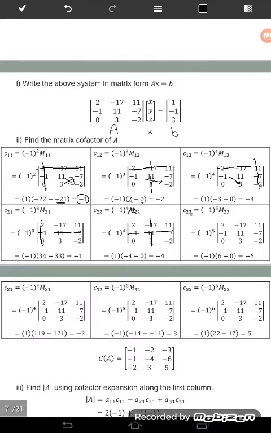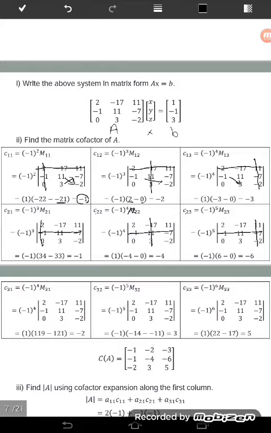And then C23 is negative 1 power of 5, which is 2 plus 3, 5. Then times with minor 2, 3. So M23, close row number 2, column number 3, and then calculate the determinant. 2 times 3, 6. 0 times negative 7, 0. Okay, so negative 1 times 6 minus 0, negative 6.